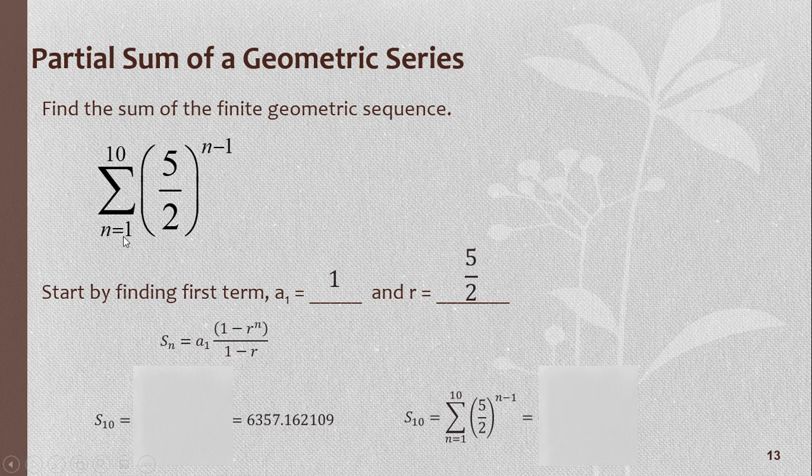So to figure out this sequence, S sub 10 is going to be equal to 1 minus my ratio to the upper limit, 10th power, divided by 1 minus 5 halves is equal to this number here.